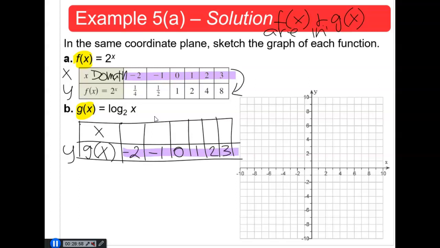So that's why we can do that. All right, now we are going to take the numbers that were here, the outputs for the exponential function, and now they're going to become the inputs for our logarithmic function.